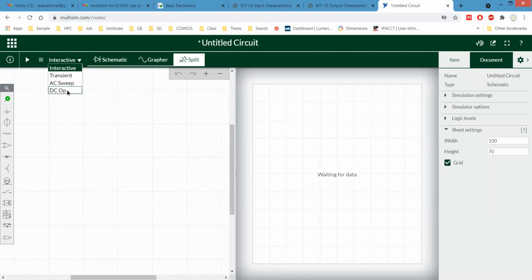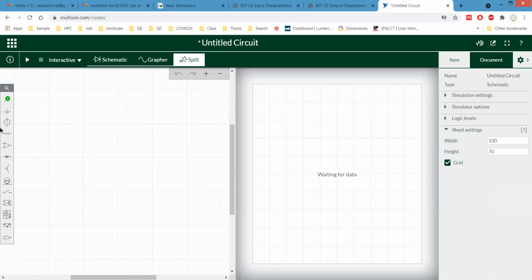This online mode does not have the DC sweep mode. If we had a DC sweep mode, we could directly plot this graph, as we plotted in our graphing software. As it is not here, you people have to help me note down the data and then we'll plot it.